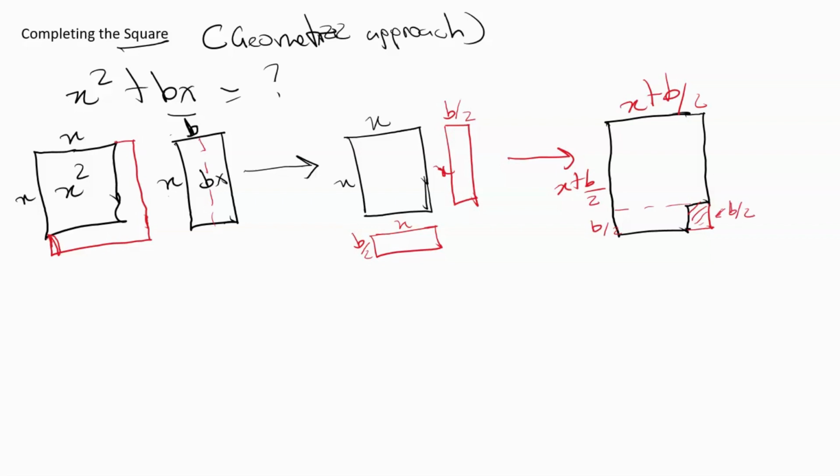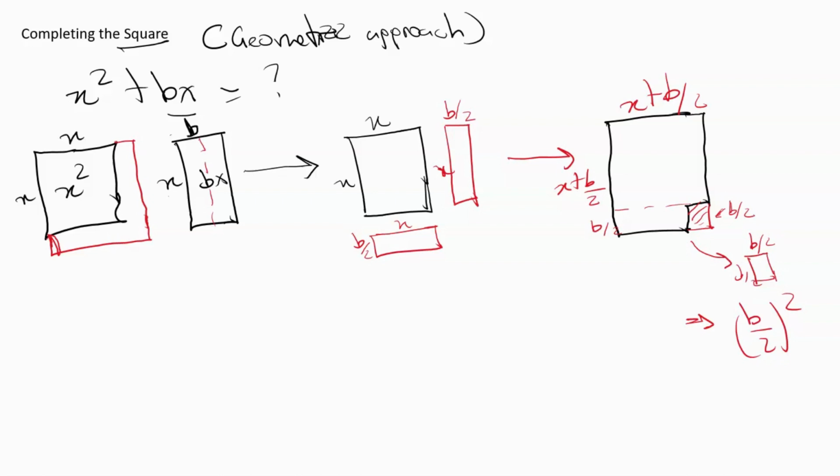So in order to make this a complete square, we need to add this small square, which is b over 2, b over 2. So what we really added is b over 2 squared, right?